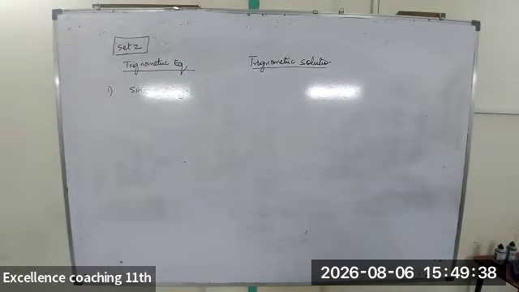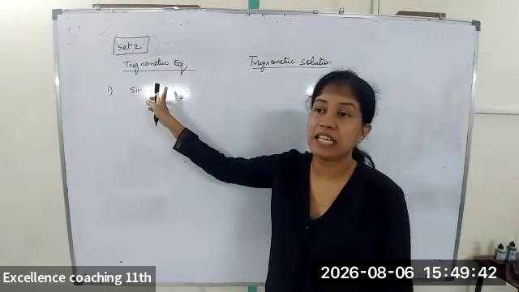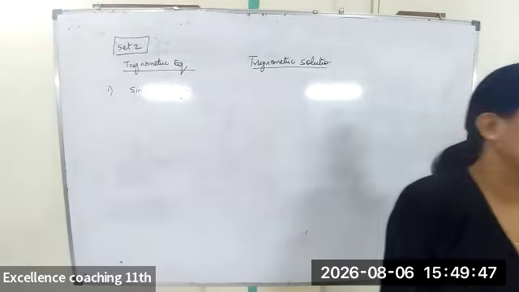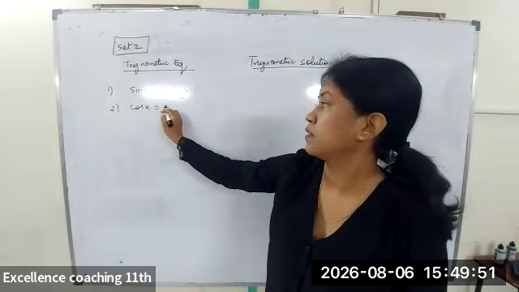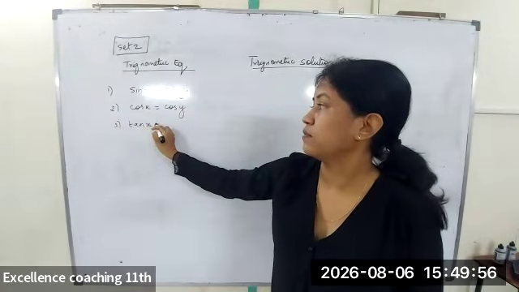Both sides only sin and sin finally have to be there. You cannot have sin this side and cos on the other side. Both sides have to be the same. The other category is cos x equals cos y. Third, tan x equals tan y.